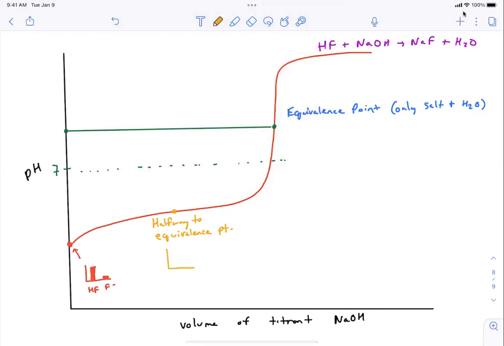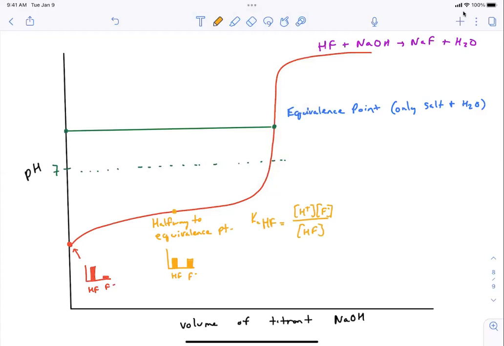where you've used up so much HF that the F minus is the same amount now. HF and F minus are the same. Why is that important? Because when you think about HF's Ka, it's H plus times F minus over HF.